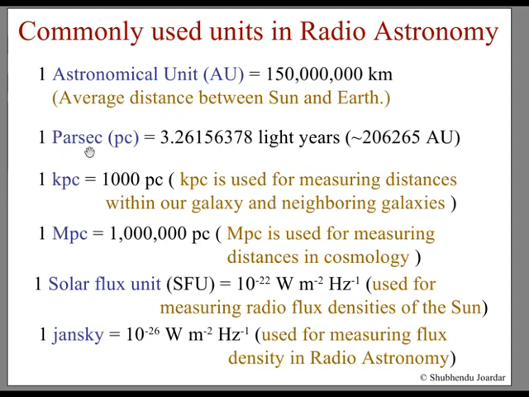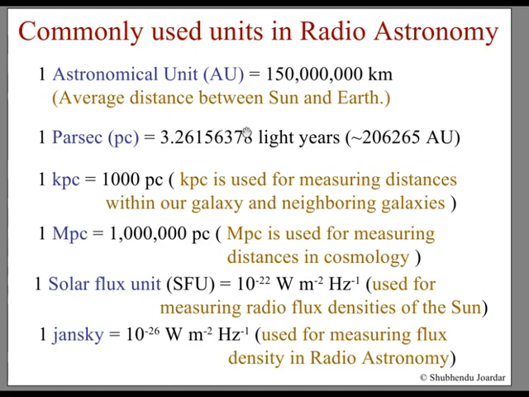Now there are other units like parsec, which we have to explain a little bit. See, one parsec is equal to 3.26 light years approximately, and 1 light year, I think you know, is the distance covered by light when it travels for 1 year.